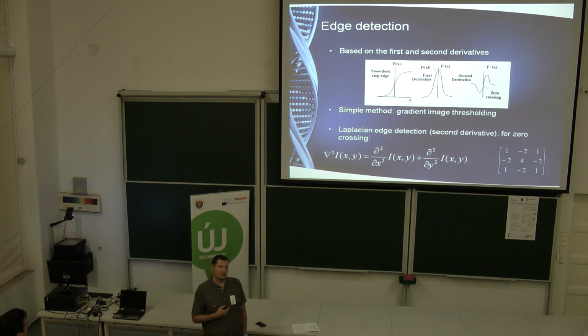So if I could find a method which is capable of finding zero crossings in the second derivative, I can very efficiently highlight the edges. To do that, we can take the so-called Laplacian operator of the image, which could be approximated very easily by a linear filter. So having a clever linear filter, we can make very effective edge detection.